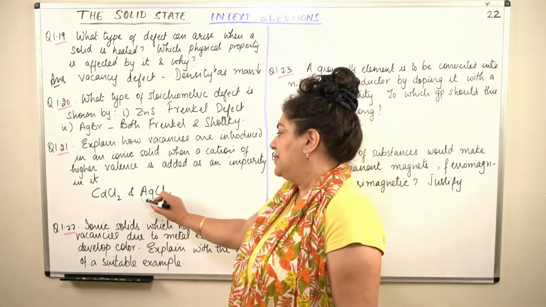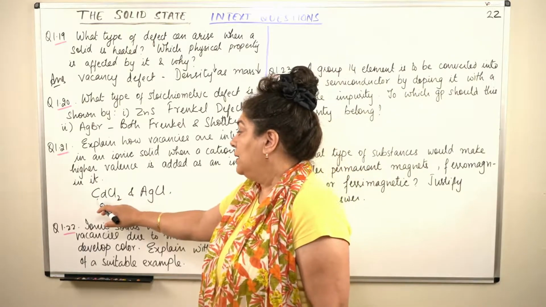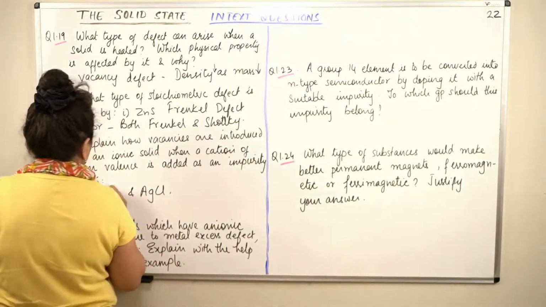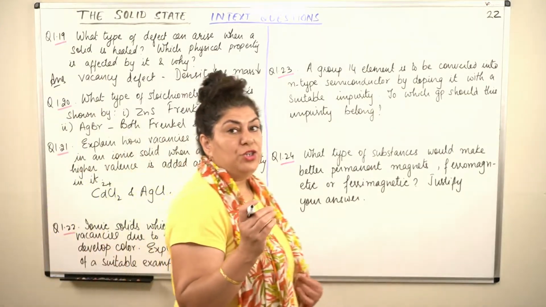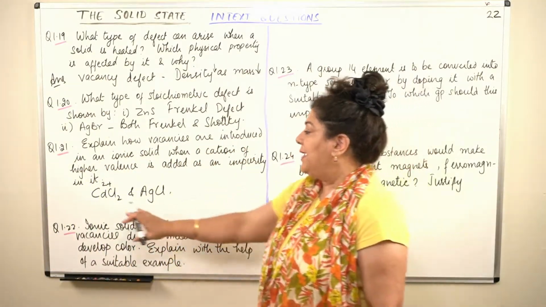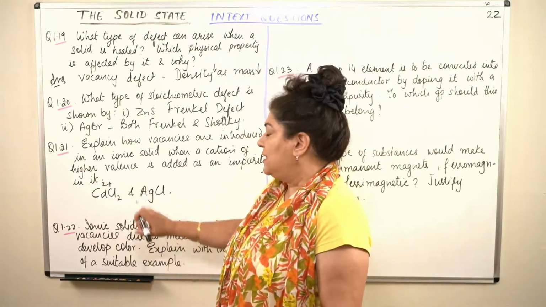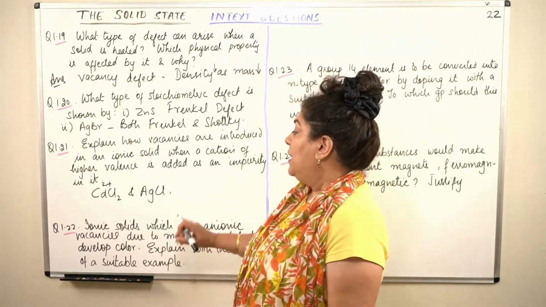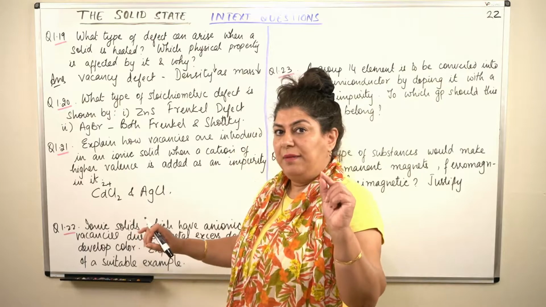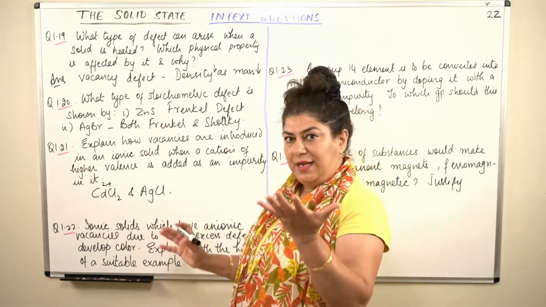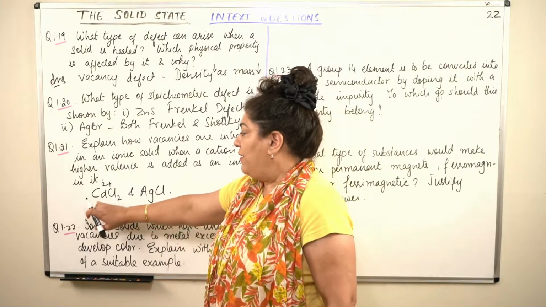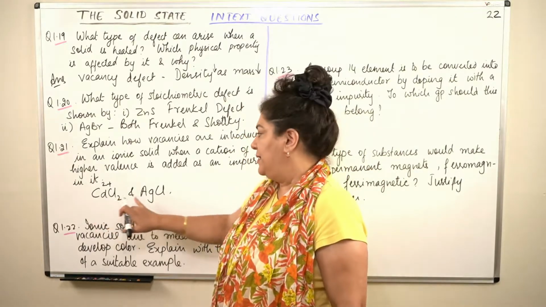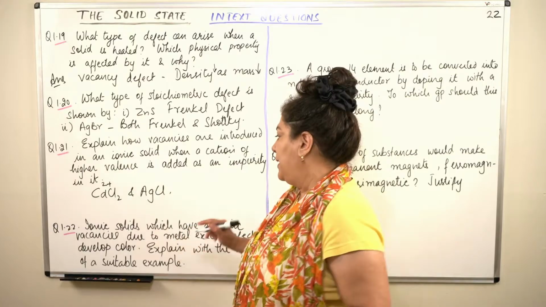The crystal is silver chloride, but cadmium has a charge of 2 positive, so it is a cation having a higher charge. Since cadmium has charge 2 positive and silver has charge 1 positive, in order to maintain the balance of charges, for every cadmium there should be 2 chloride ions, for every silver there should be 1 chloride ion.